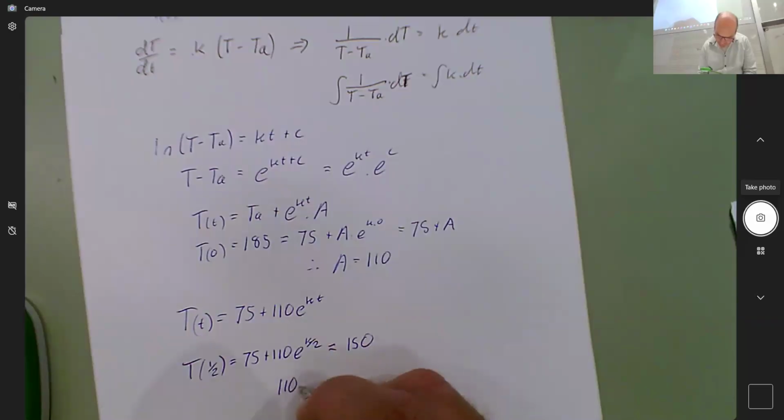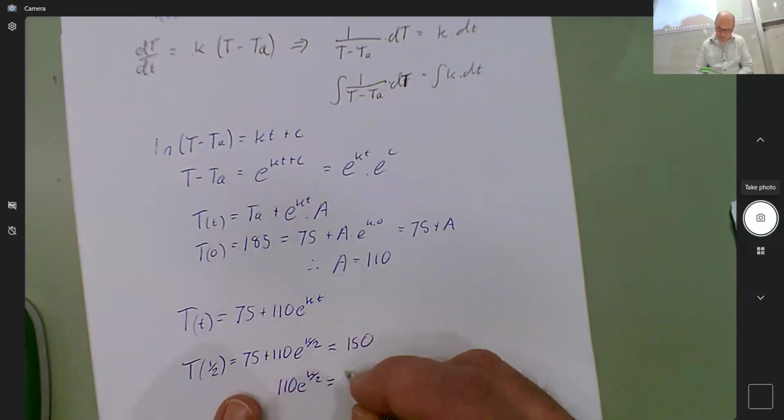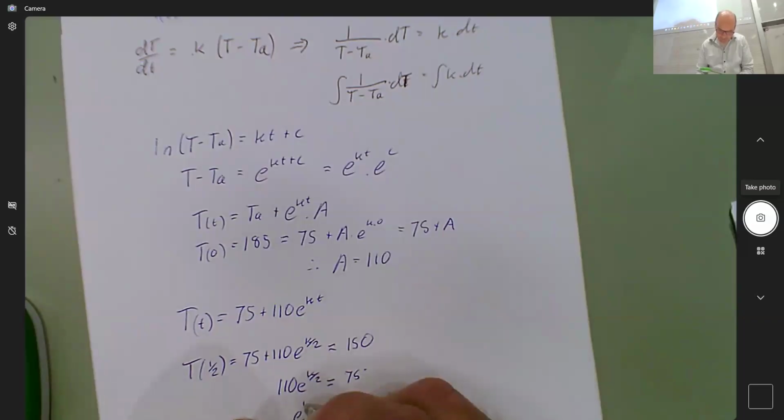So I have 110 e to the k on 2 is equal to 150 minus 75, which is 75. And so e to the k on 2 is equal to 75 on 110.